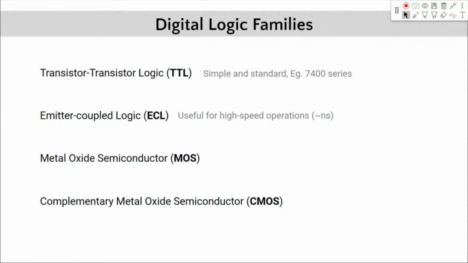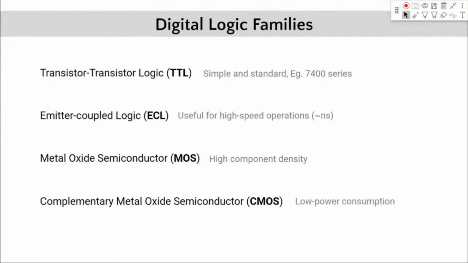ECL is useful for high speed applications because it can operate in nanoseconds. If you were looking for a high component density, meaning in a small area how much of components you can actually stuff, how dense you can make it in terms of components, you would go for the MOS logic family.